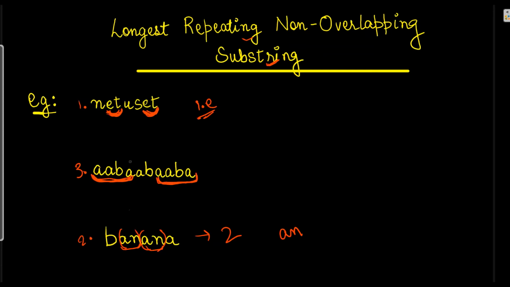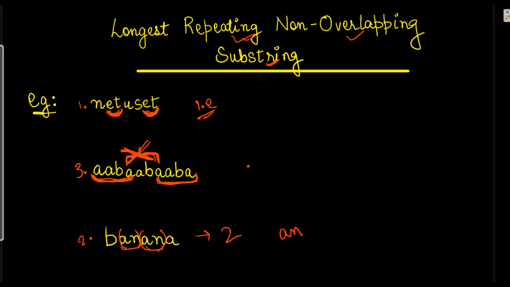But what if I take the middle one? This middle one can only be valid if we have overlapping allowed. So I won't be considering this, as we have to find the repeating as well as non-overlapping substring.